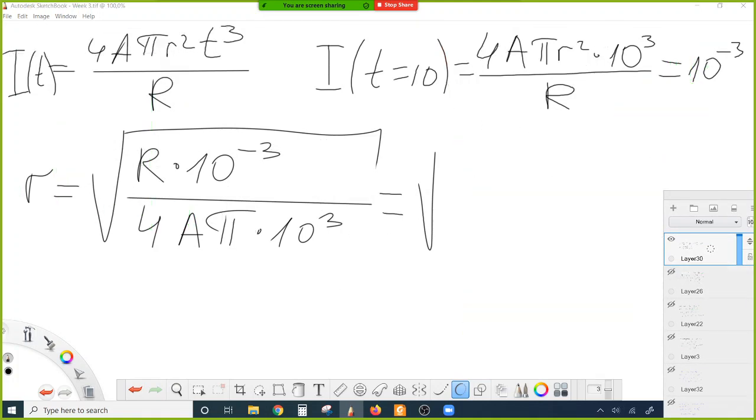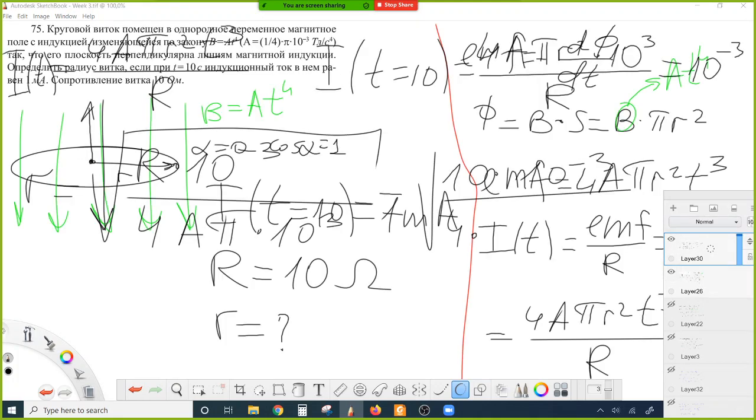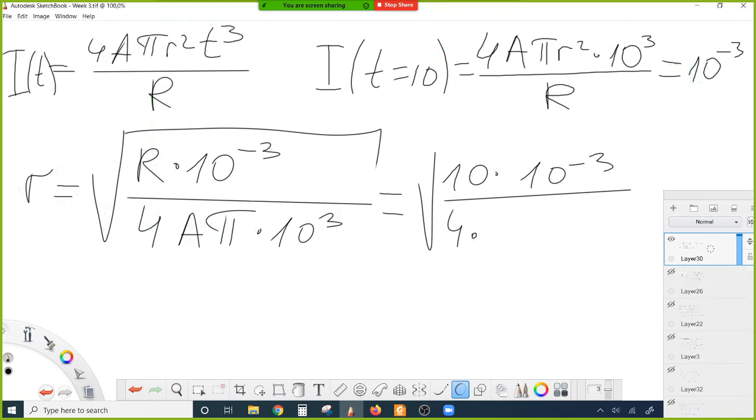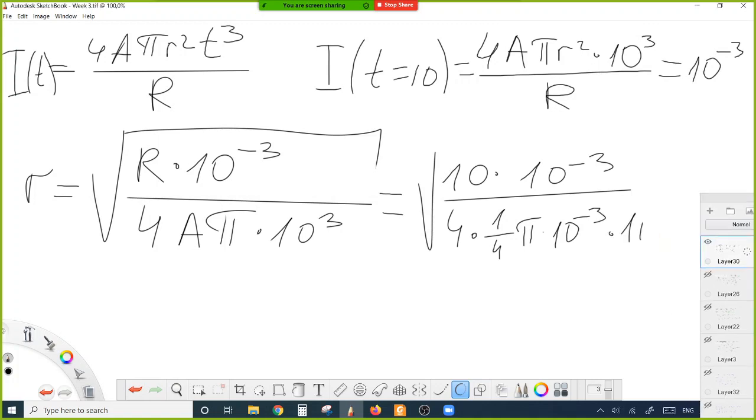R is given as 10 ohm multiplied by 10 to the minus 3 over 4 multiplied by a, which is given as 1 over 4 pi 10 to the minus 3, multiplied by pi multiplied by 10 to the power 3.